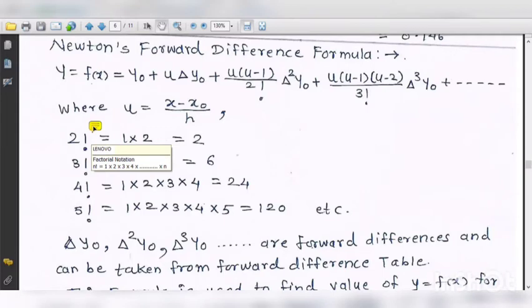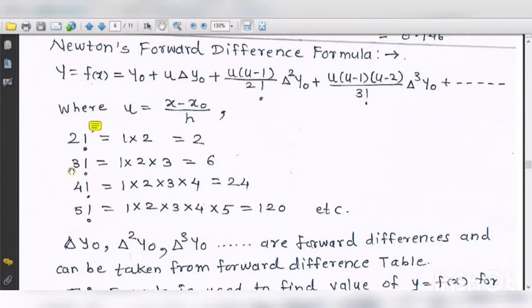Means n factorial equal to 1 into 2 into 3 into 4 up to n. So if we have n equals to 2, then 2 factorial is the product of first two numbers, which are 1 and 2. So it is 1 into 2, that is 2.